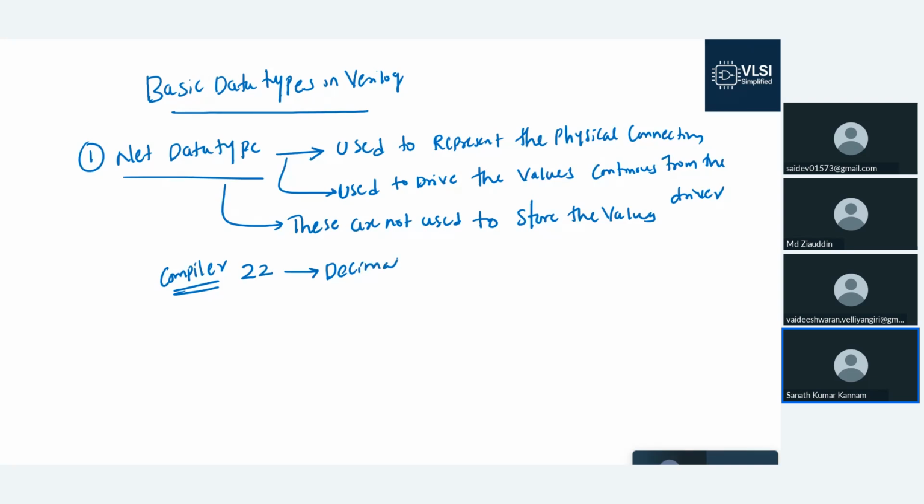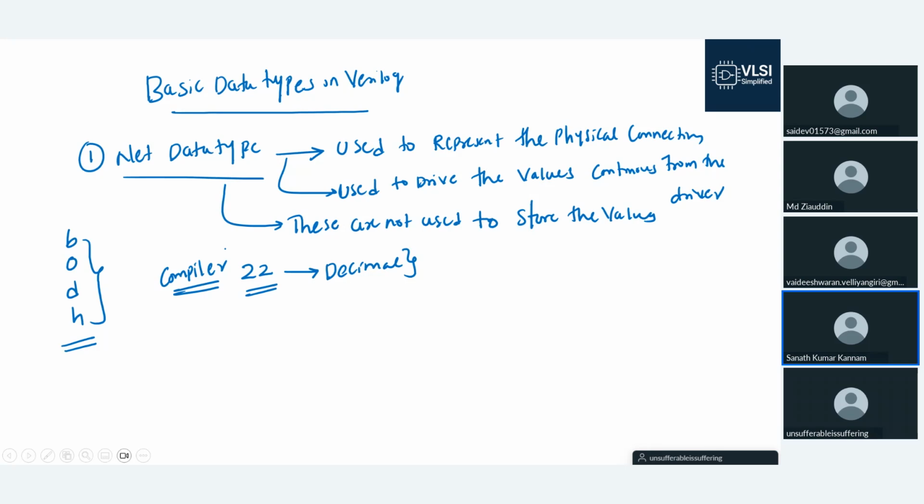In the last class we have seen the four values, those are binary, octal, decimal, and hexadecimal. So number representation we already saw. So if you give the value 22, by default the compiler will take that value as decimal.